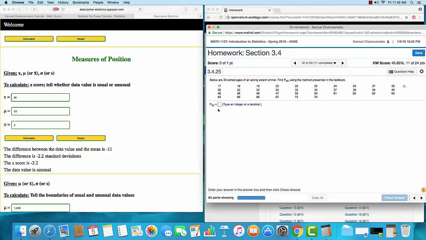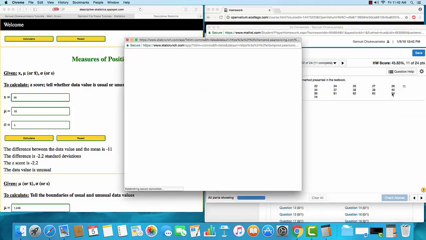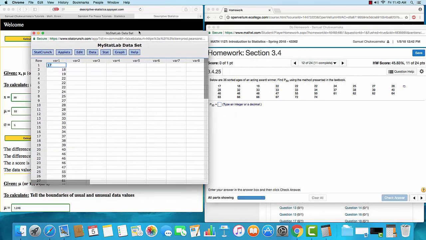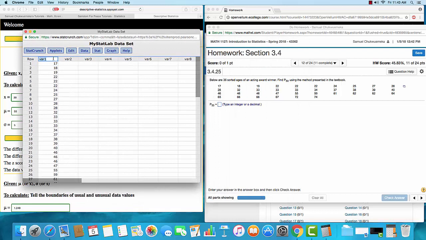Question 12, 50th percentile. The 50th percentile is your median. You can also do this with a calculator, but it's 36 ages, so let's do it with StatCrunch. I open it in StatCrunch. These are also ages, if you wish to name it.